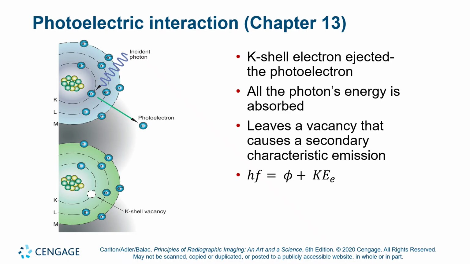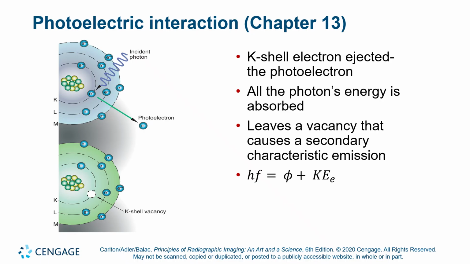Now that vacancy, remember, the electrons in the outer shells are in a higher energy state than the electrons in the lower shells. And so nature doesn't like that vacancy, and you get one of the outer shell electrons cascades down like a series of small waterfalls to fill the vacancy, because the electron doesn't want to stay at a higher energy state.